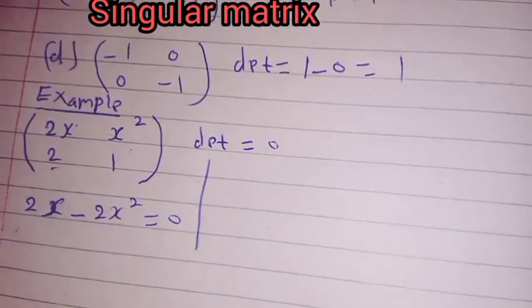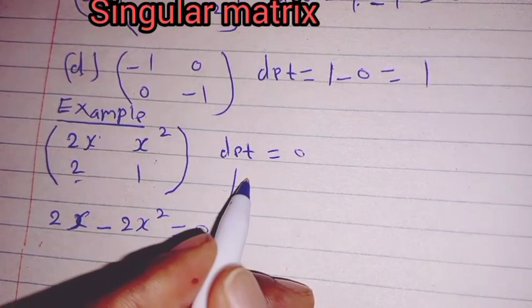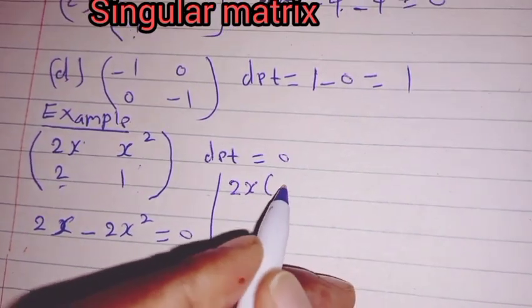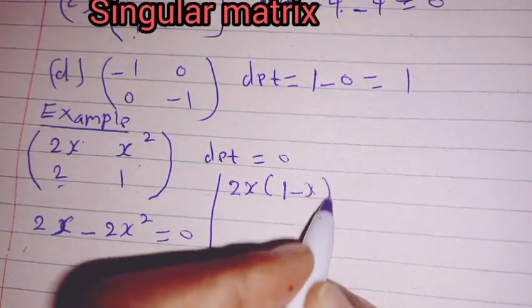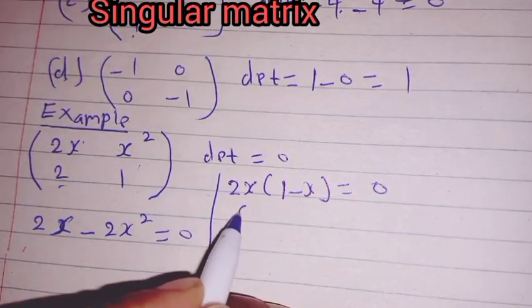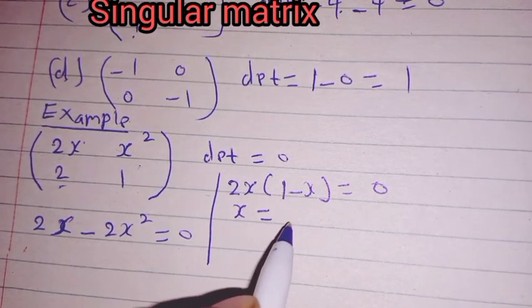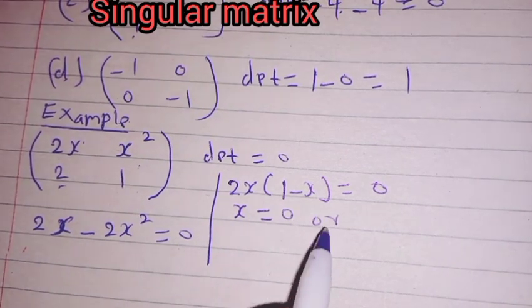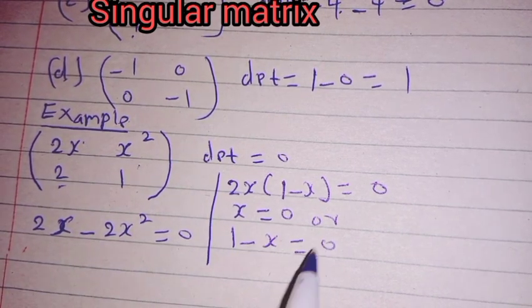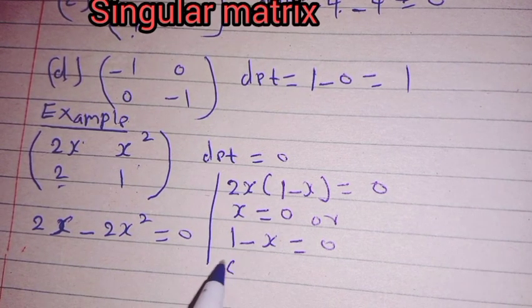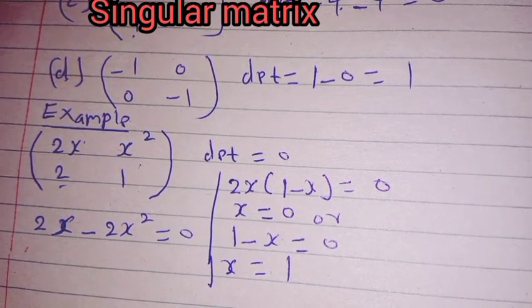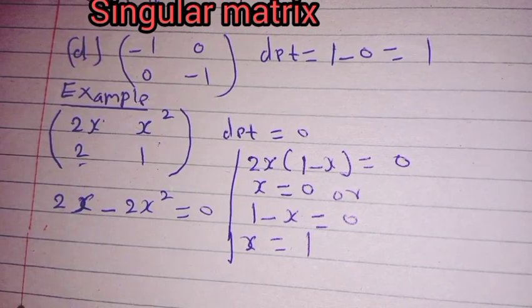Here we can factor 2x outside, so that you are left with 1 minus x, which is equal to 0. Meaning that our x is equal to 0, or 1 minus x is equal to 0, meaning that our x is equal to 1. So we can check.